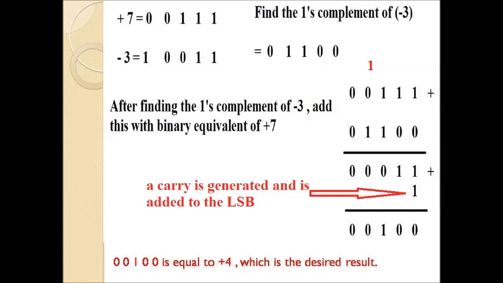Instead, that carry is added to the least significant bit, that means the last digit or the rightmost digit in the intermediate result. So we get the answer as 0 0 1 0 0, which is equal to plus 4, the desired result.